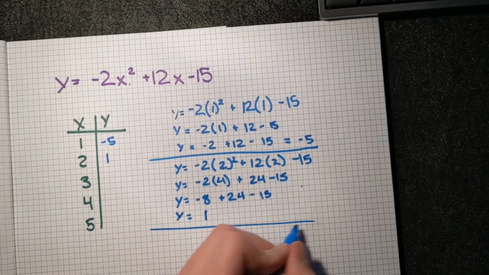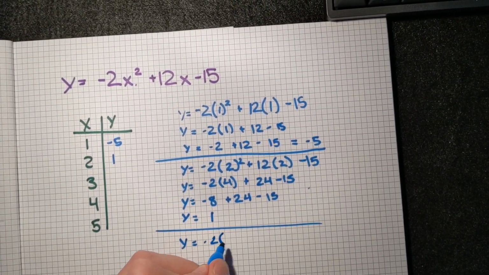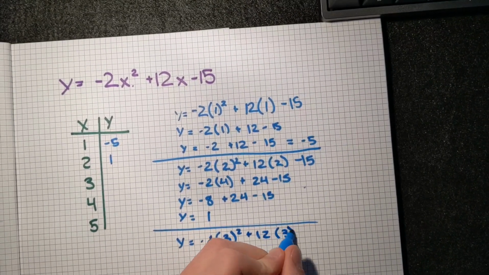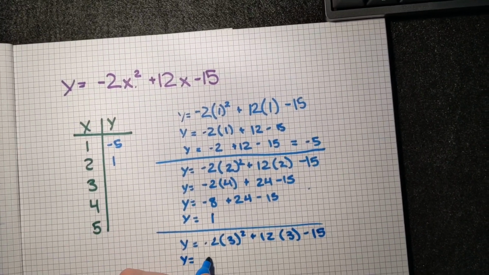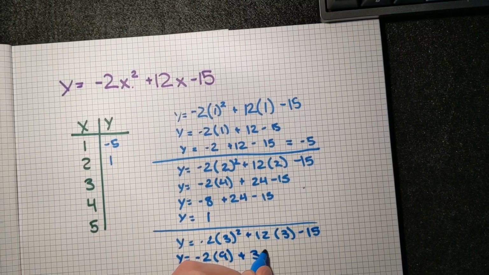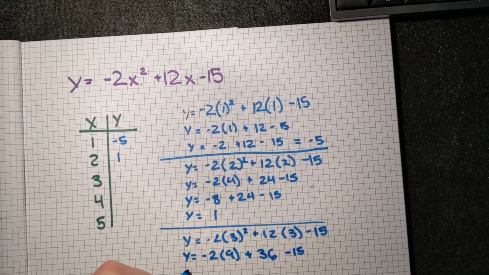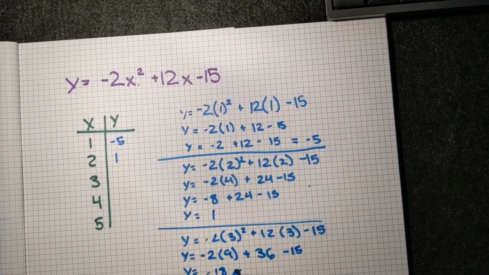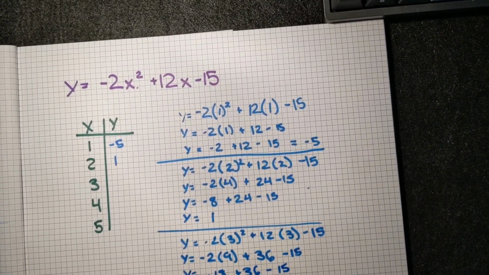Next we have 3. So y equals -2 times 3 squared plus 12 times 3 minus 15. y equals negative 2 times 9 plus 36 minus 15. 12 times 3 is 36. y equals negative 18 plus 36 minus 15.